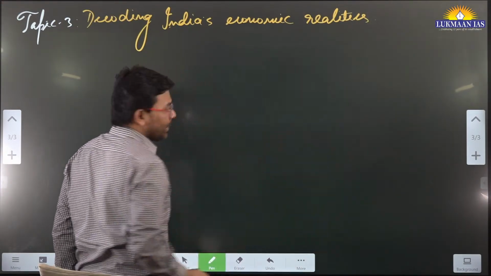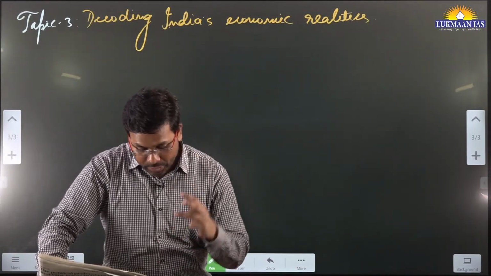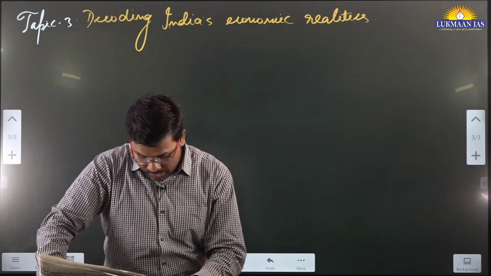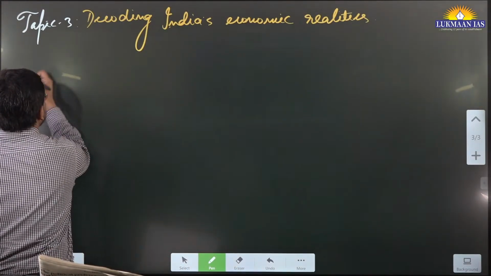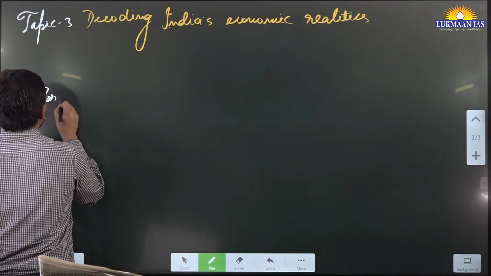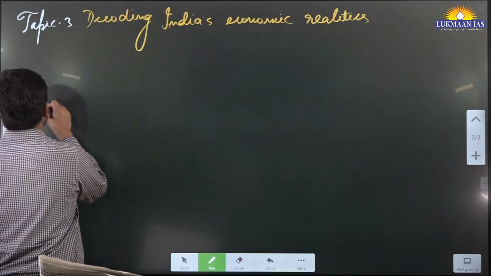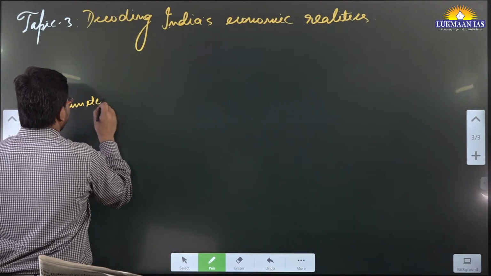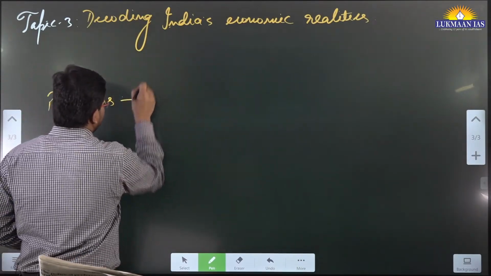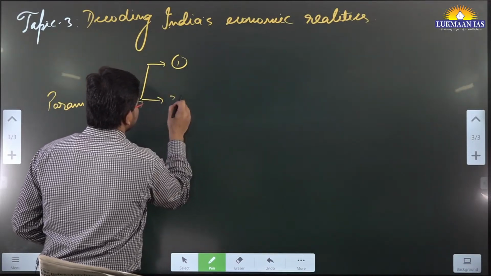Decoding India's economic realities. So basically in this article they have looked into 3 specific parameters. What are those 3 specific parameters? I'm going to write down those parameters directly. Parameters for discussion, they have included 3 different parameters.